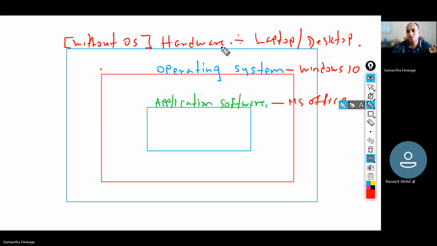After installing the operating system, only then can we get application software installed onto the computer. That is the process. Okay. Did you understand? Yes. Okay, nice.